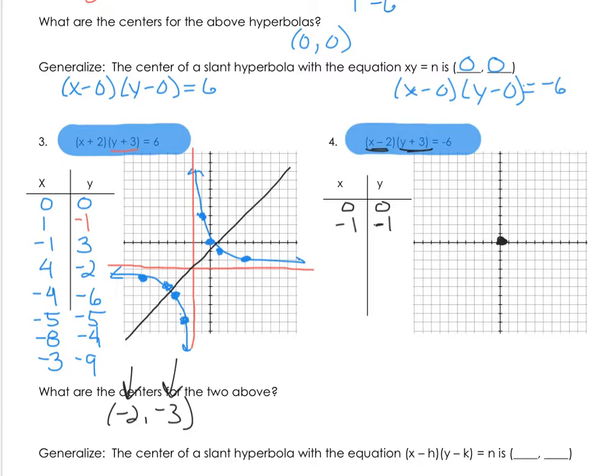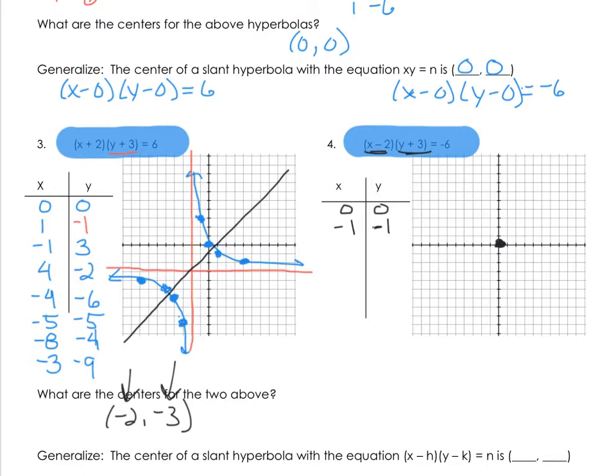So I'm going to plot negative 1, negative 1. All right, how about if we make the first quantity positive 3, so that would be 5, and the second quantity negative 2, so that would be negative 5.